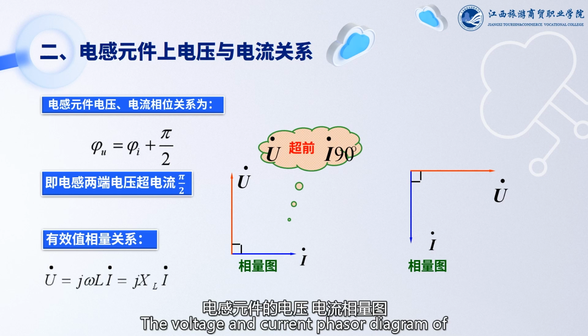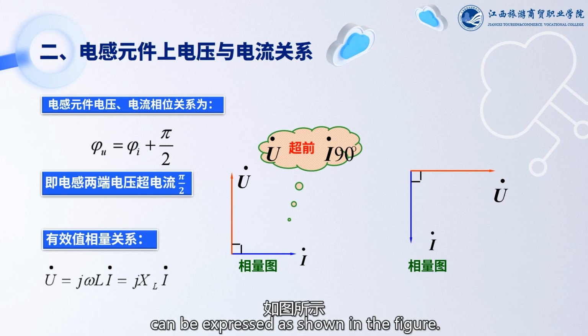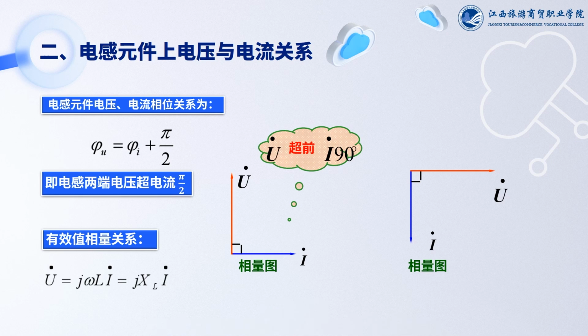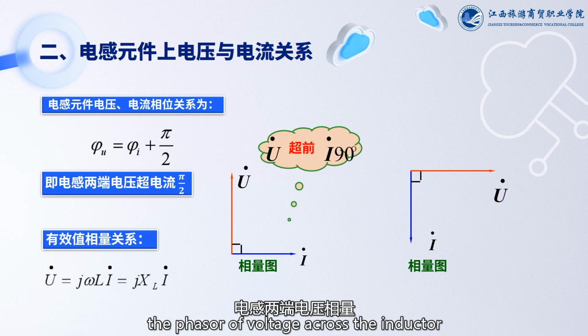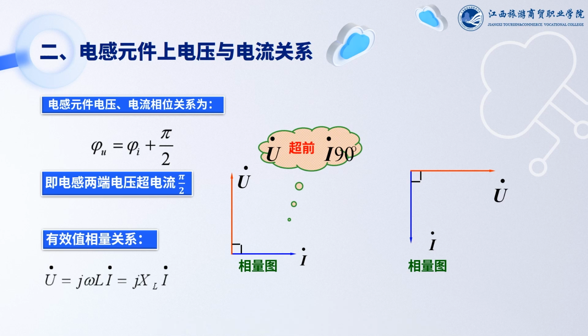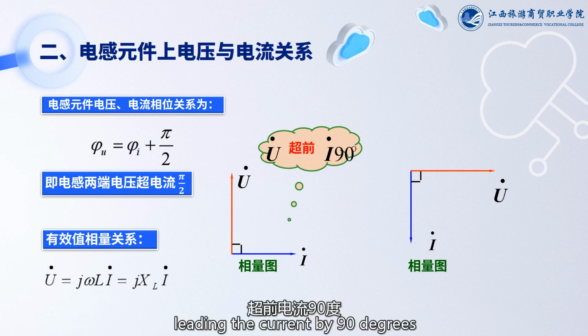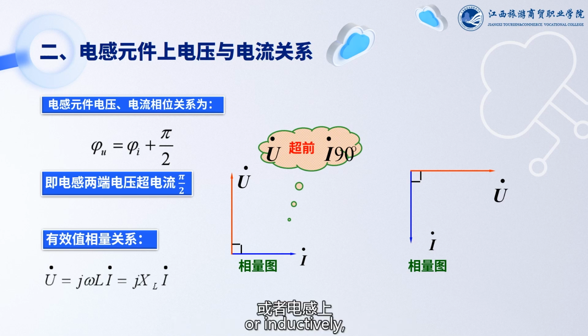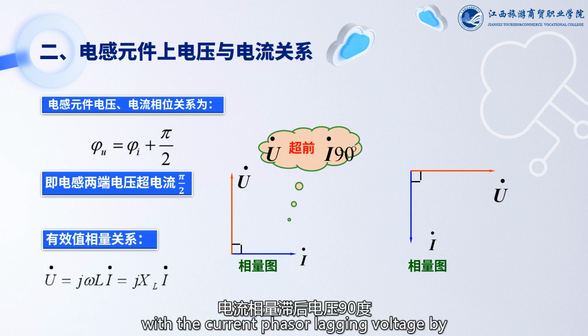The voltage and current phasor diagram of an inductance element is shown in the figure. It shows the voltage phasor across the inductor leading the current phasor by 90 degrees, or the current phasor lagging the voltage by 90 degrees.